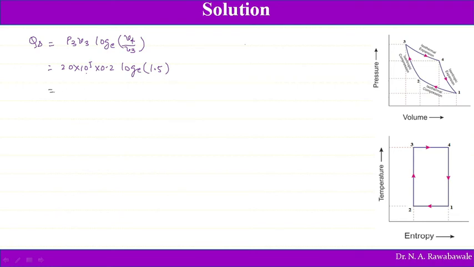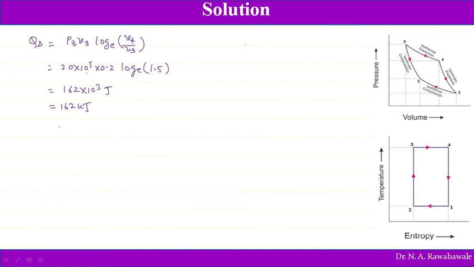So this gives us 162 into 10 to the power of 3 joules or 162 kilojoules. So this is the amount of heat supplied.